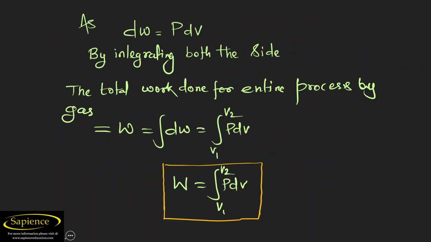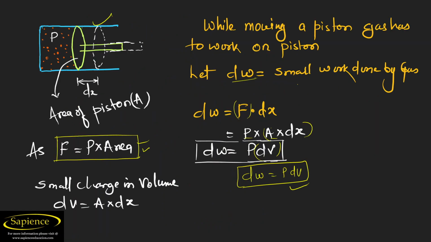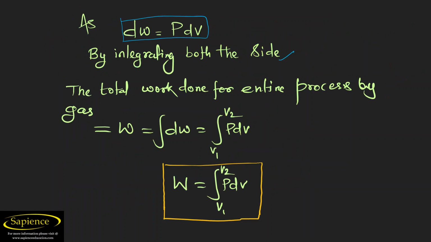Now as dw is equal to p dv, we integrate both sides. Why do we integrate? When it expands, the pressure also varies. We don't know the conditions, so pressure is either variable or constant, and it depends on the process.